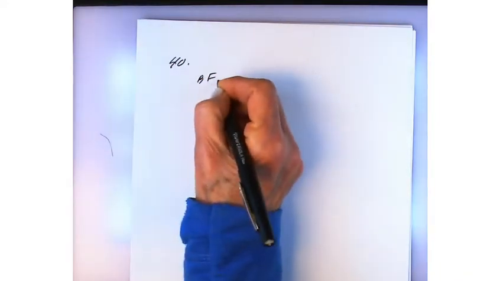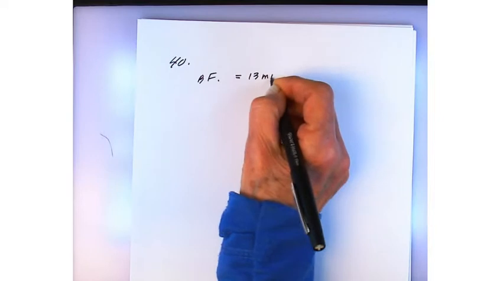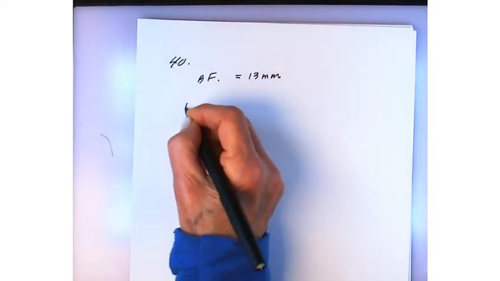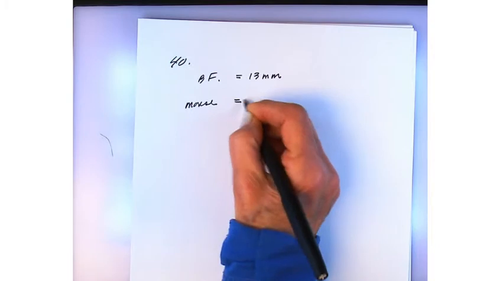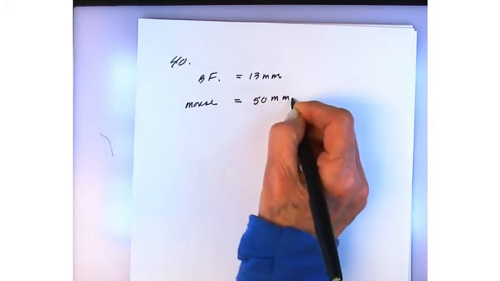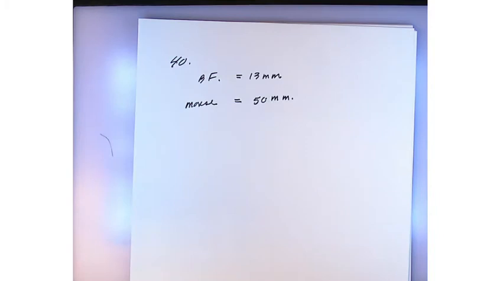Now, looking at number 40. We're measuring the wingspan of a butterfly. The wingspan is 13 millimeters, and the smallest mouse is 50 millimeters. Using the ruler on the previous page, draw a line that is 13 millimeters and 50 millimeters long.